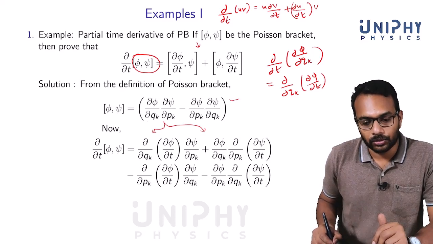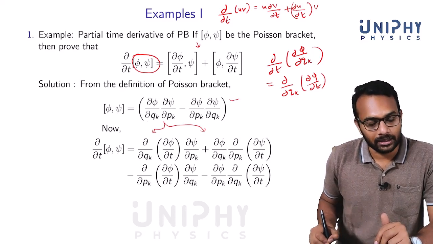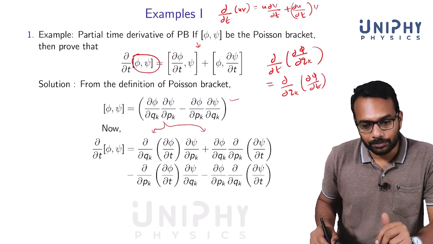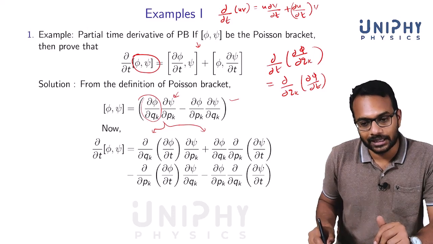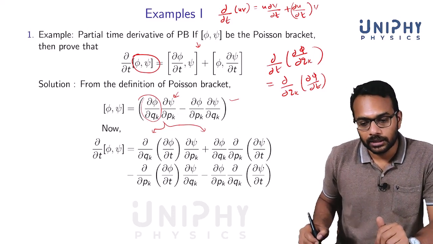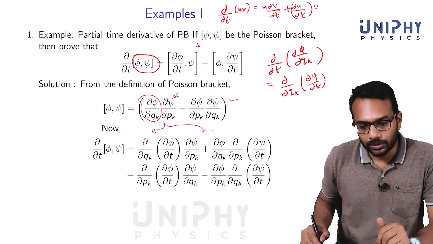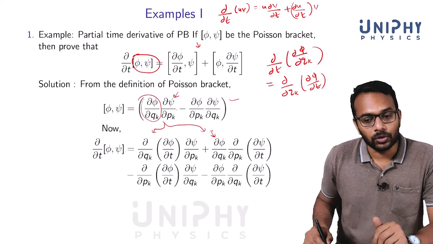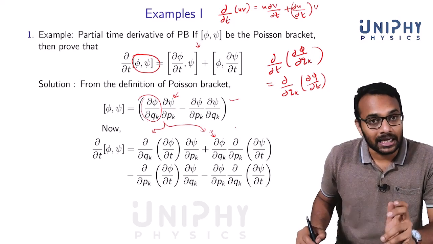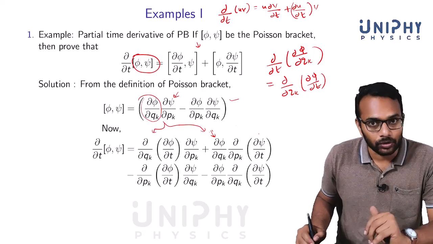It's dou by dou qk of dou phi by dou t, dou psi by dou pk, plus dou phi by dou qk. You keep this term intact and take the time derivative of the second term using the usual product rule. That's dou phi by dou qk, which is here, and then dou by dou t of dou psi by dou pk, which can be written as dou by dou pk of dou psi by dou t.